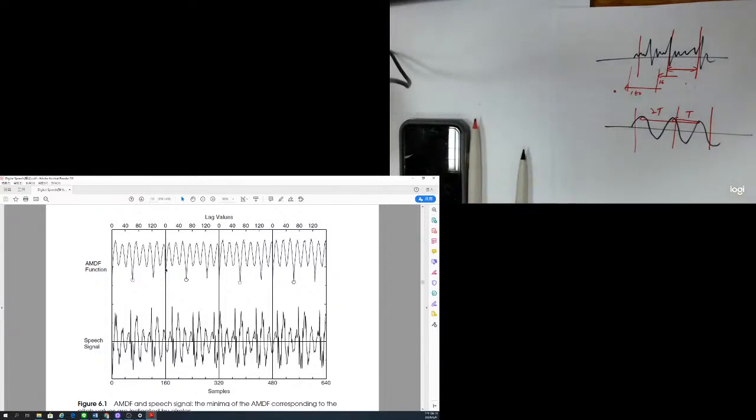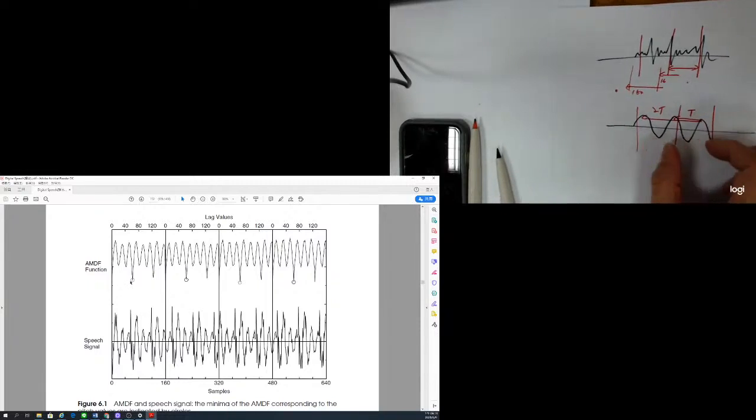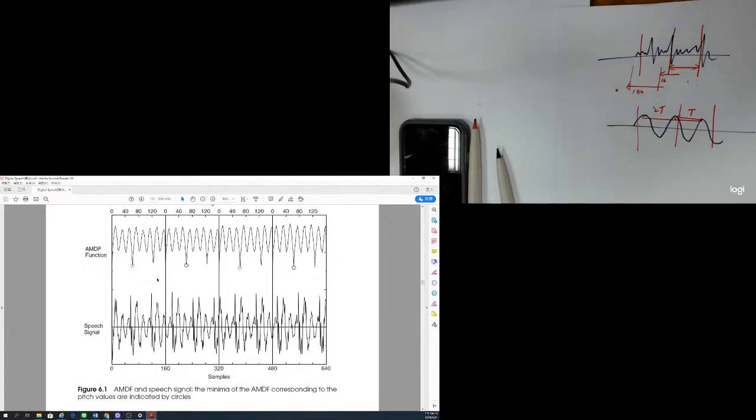So when we move and match the vectors, this one is a double prediction, double pitch, double tau. This one is T, this one is 2T, so you have to avoid 2T coming out.